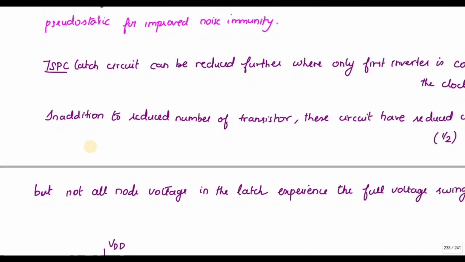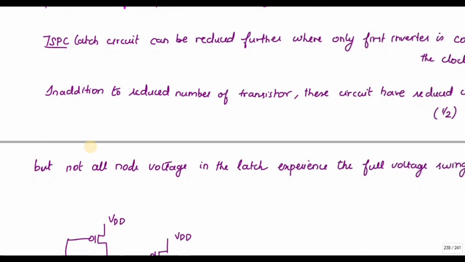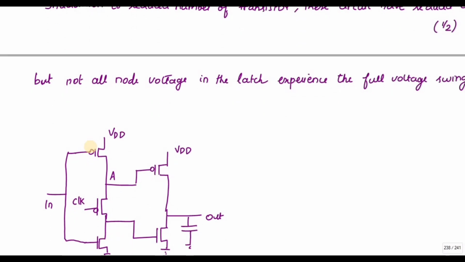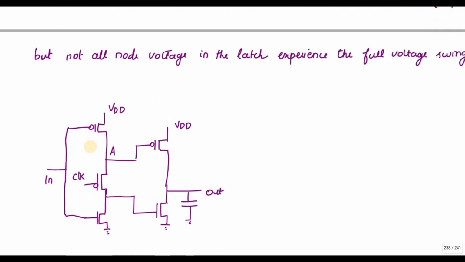But here you can see all the node voltages in the latch will not experience the full voltage swing. What is full voltage swing? Either 1 or 0. But here you can see there are a few node voltages which will lack this full voltage state.